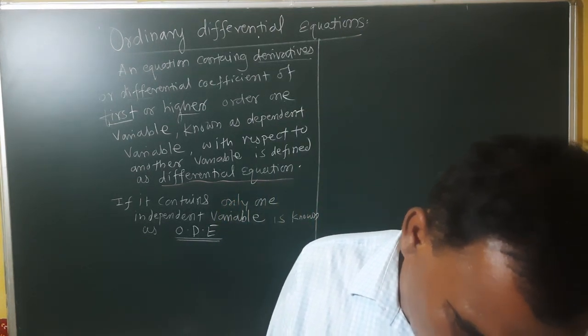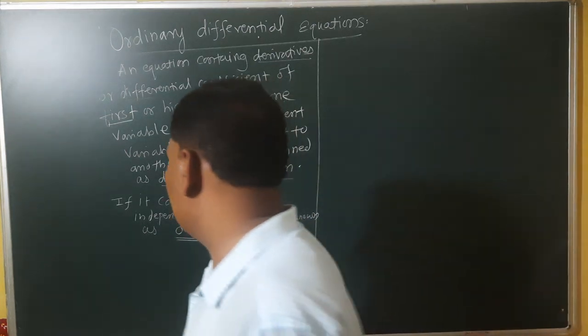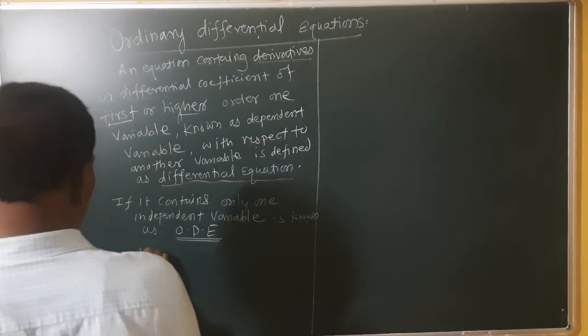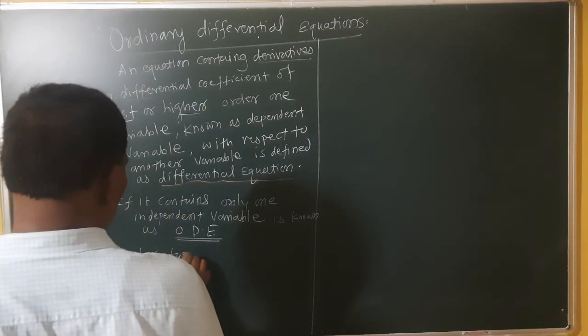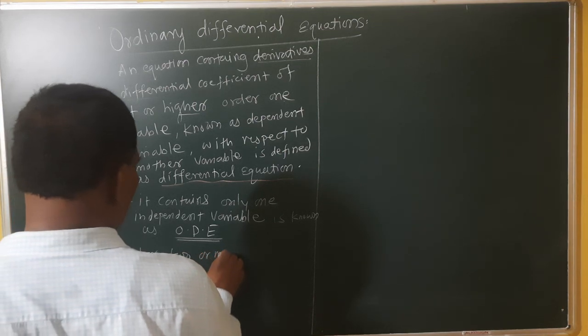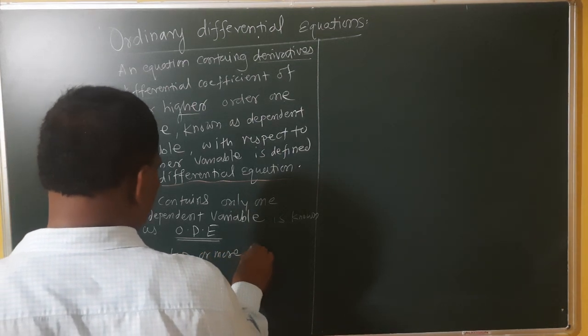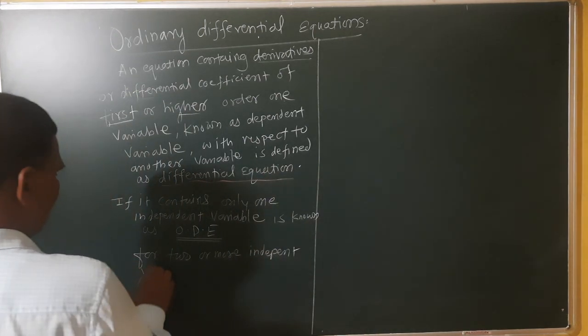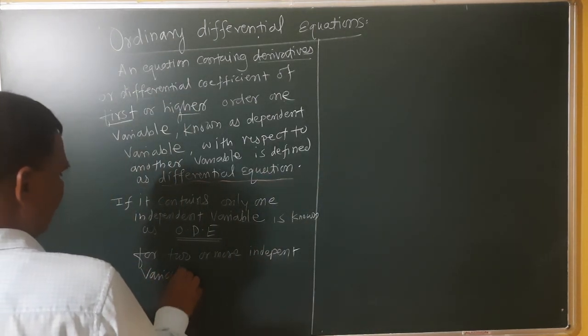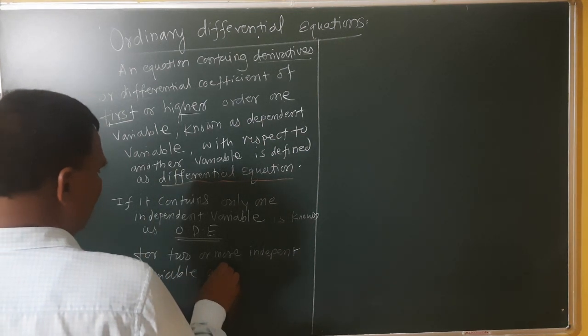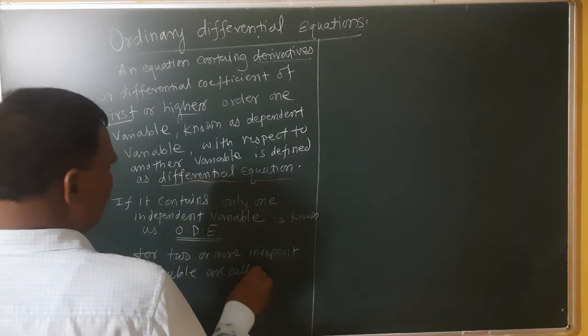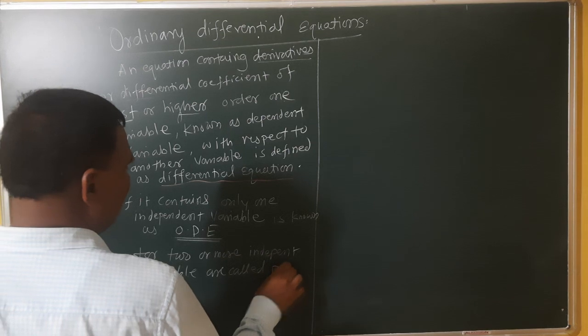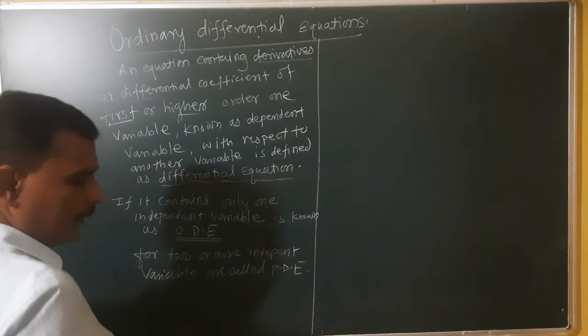With respect to two or more independent variables, it is called a partial differential equation.